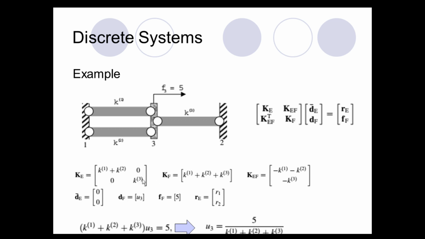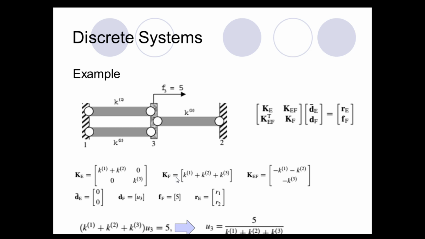So when we decompose it, what we have is the essential stiffness matrix, the submatrix of the global stiffness matrix associated with the essential nodes here as Ke. This matrix is associated with the essential nodes.